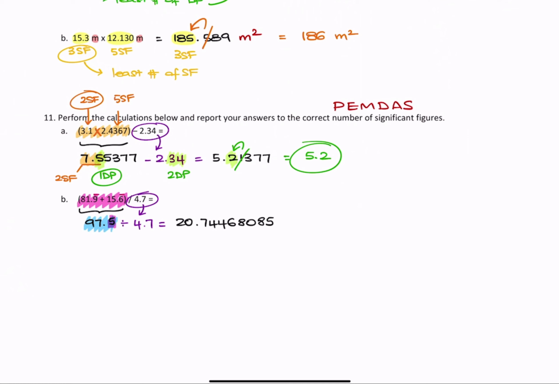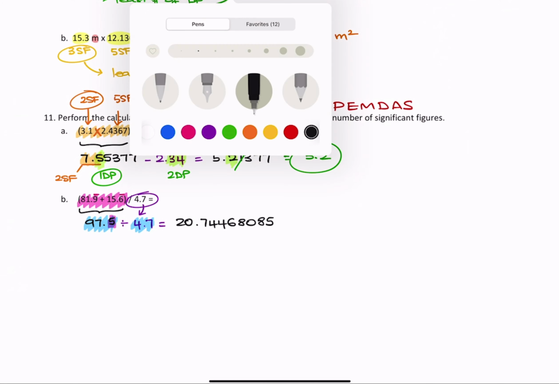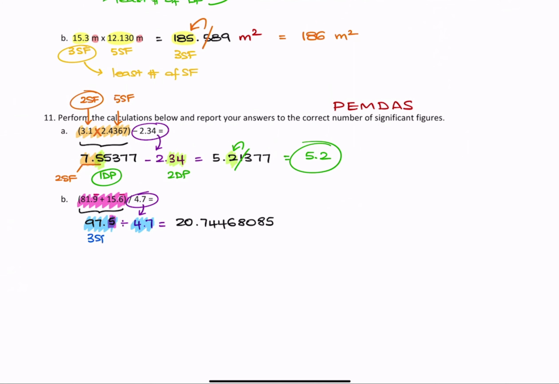Well, this number here has 3 sig figs, and this one has 2 sig figs. The least amount of sig figs wins, so we're going to keep only 2 sig figs. We're dropping a 7, so we're going to round up, and our answer to the correct number of sig figs is 21.